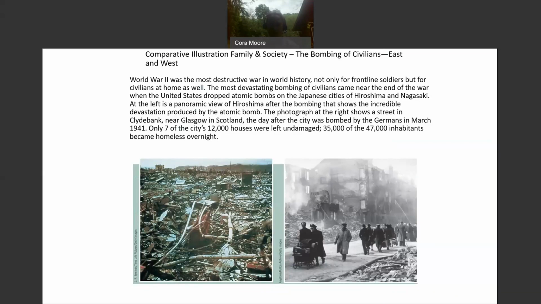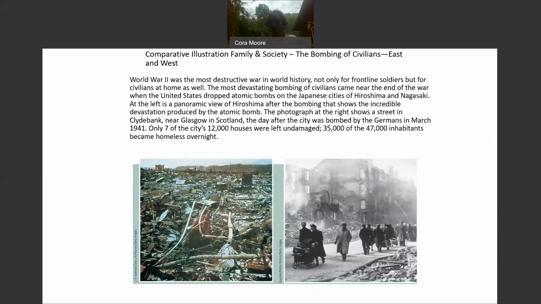And so that's kind of what we see with these different pictures here. I thought I had one of the field. Sorry, guys. These are actually just depictions of different cities. So we see that one, and we see Glasgow there on the right. And then what's the one on the left? Dang it, now I can't see. Oh yeah, the one on the left there is Hiroshima and Nagasaki.